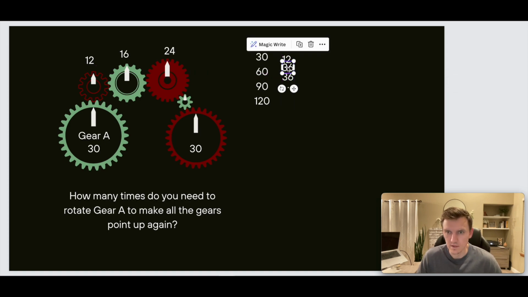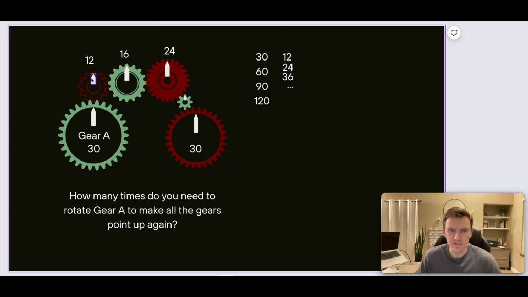Because these gears will be pointed up at a multiple of the number of teeth, if we find two similar values, then both gears will be pointed up at the same time. Just think about this. If we do one click, this gear will be here, this gear will be here. If we do 30, this gear will be going around almost pointed up again. Remember, it's pointing up at 36, so it'll be 6 short of pointing up, so down here.